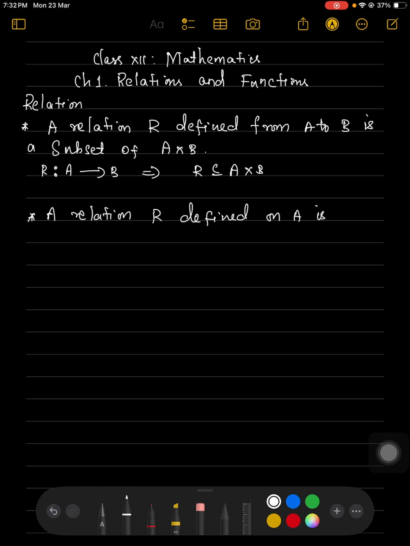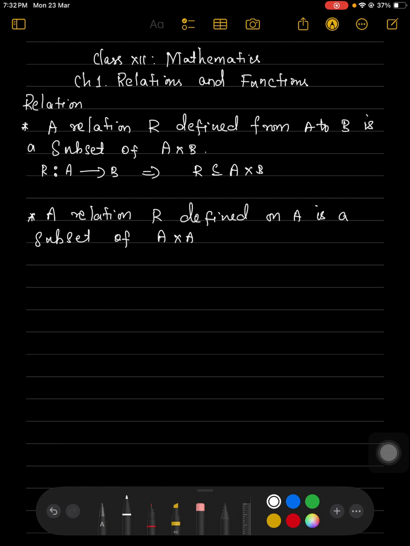It is nothing but a subset of the Cartesian product A cross A itself. We don't need two sets to define a relation always. It's enough if the relation is defined on a single set, then we say that it's a subset of the Cartesian product of its own set.